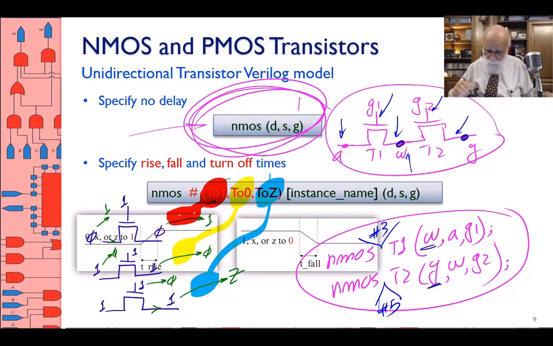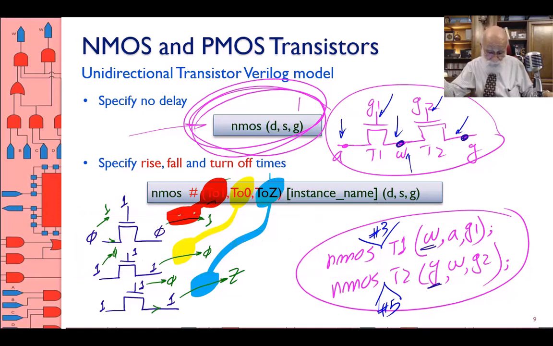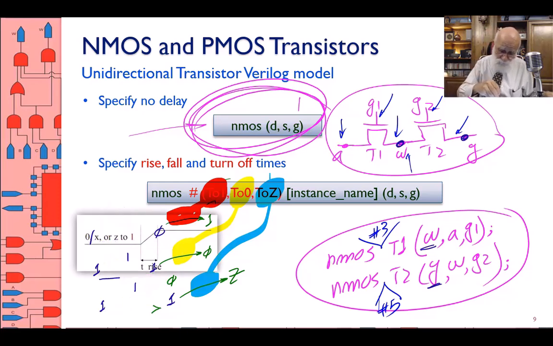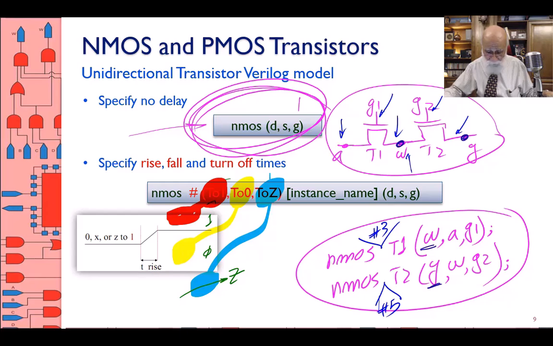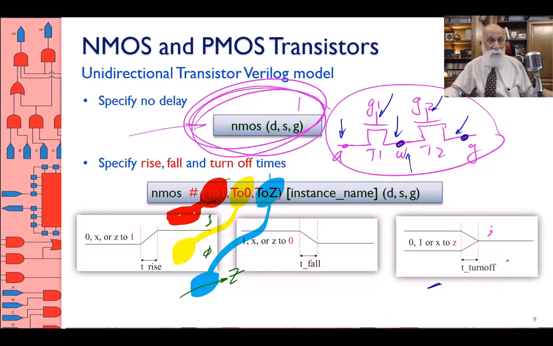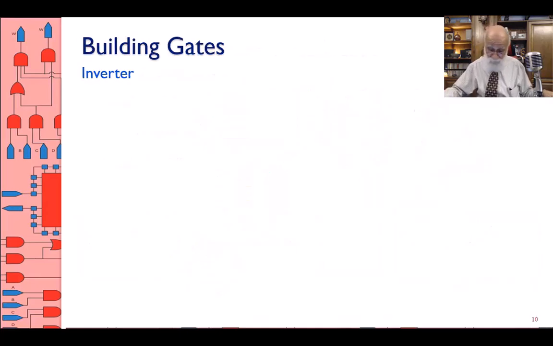What I'm showing here is to 1. This is to 0. And this third one is to Z, or turn off delay.